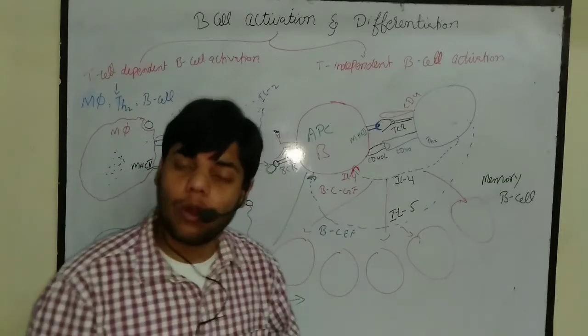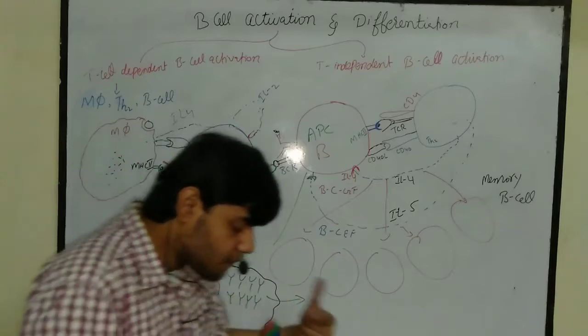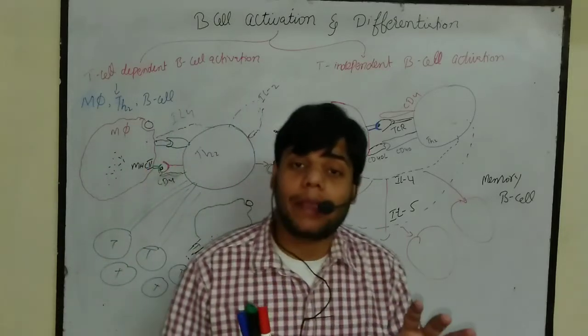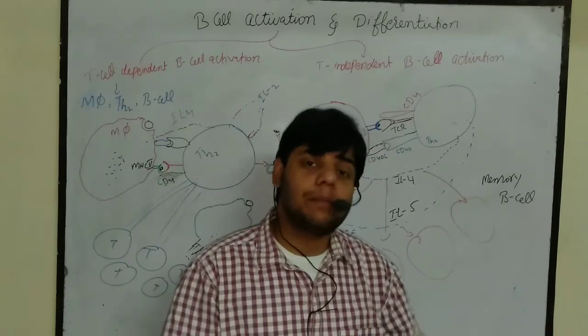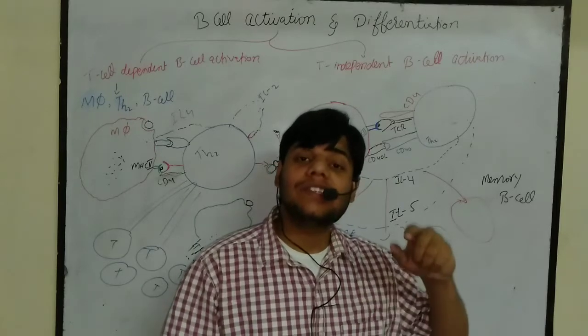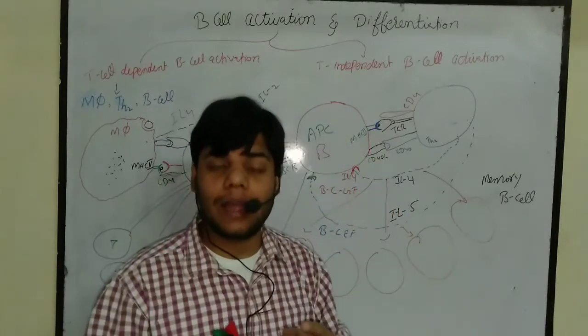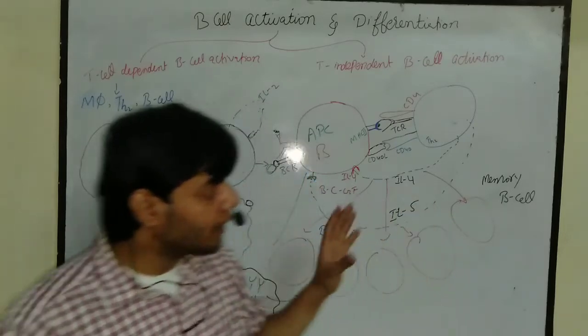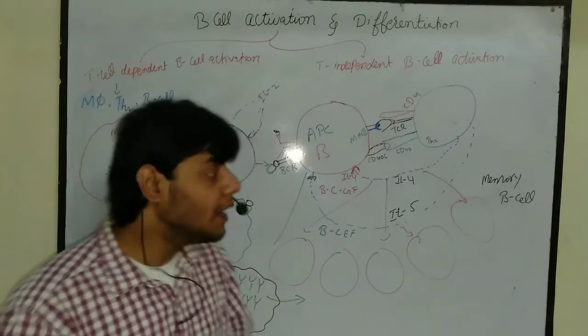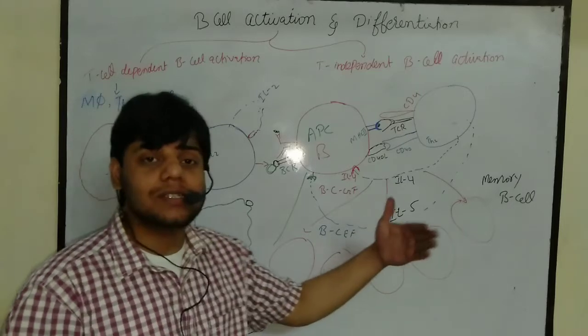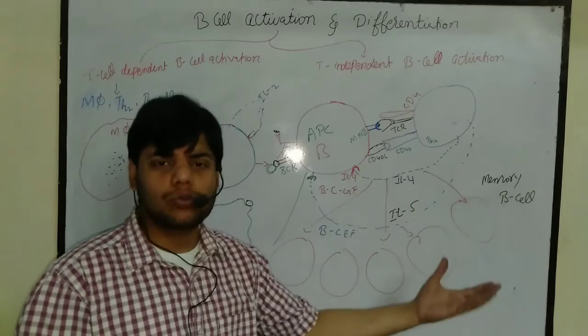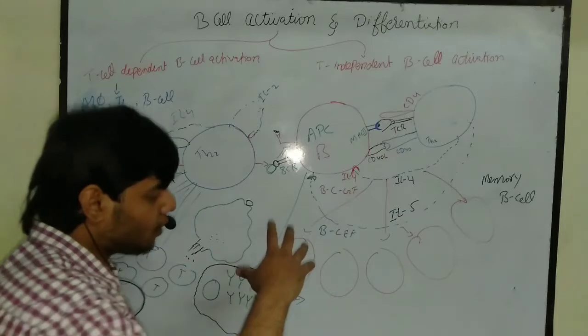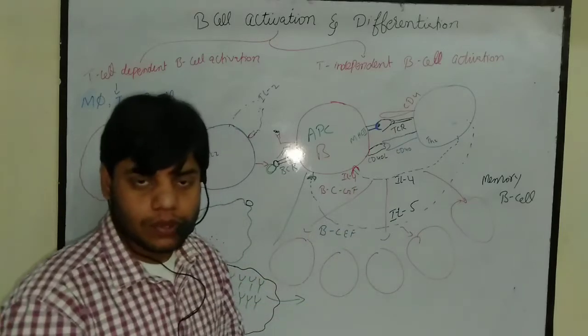If you guys remember, I already talked about how these antibodies sometimes have the ability to kill the microbes alone, and sometimes these antibodies will just coat the microbes. Due to this coating, what happens? The opsonization process will occur. It means that macrophages and other antigen presenting cells or neutrophils will come, and these microbes will be easily engulfed.